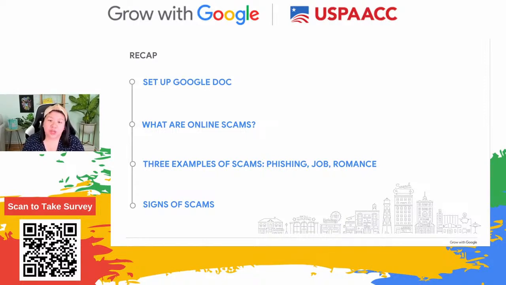The goal of this workshop is not to make you afraid of using the internet. Instead, the goal is to provide you with valuable information about scams. If you keep this information in mind as you use the internet, you'll be able to explore freely while keeping your money and personal information safe.